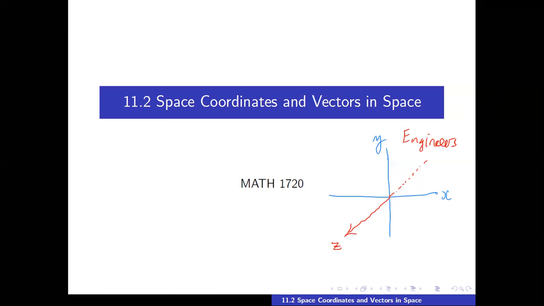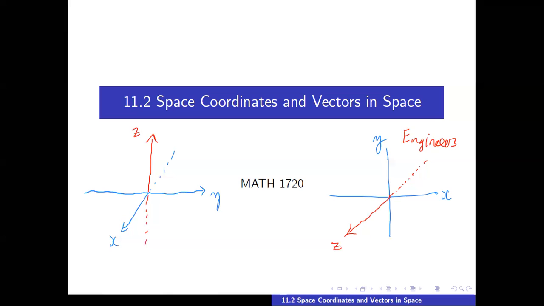So what they'll do is they'll put X like this, they'll put Y like this, okay? This is going into the board, and then Z goes up like this. Yeah? Does that make sense? Look at that picture I just drew, yeah?